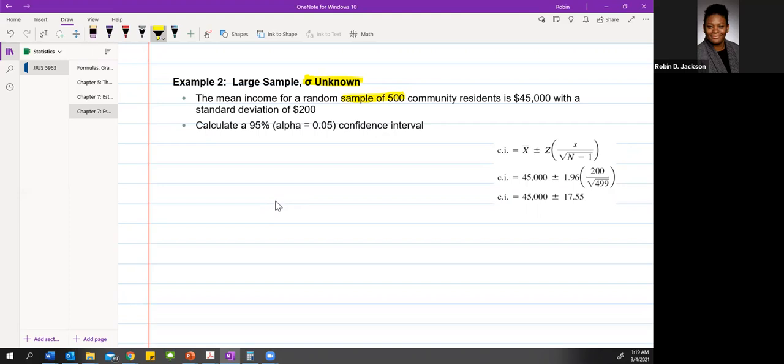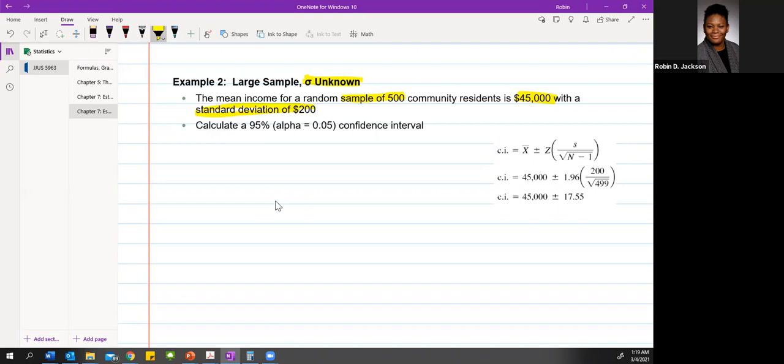The mean income for that sample is $45,000, with a standard deviation of $200. Notice they don't say that it's a population standard deviation. Everything in this sentence is about a sample: you have a mean income for this sample, and it has a standard deviation of 200.